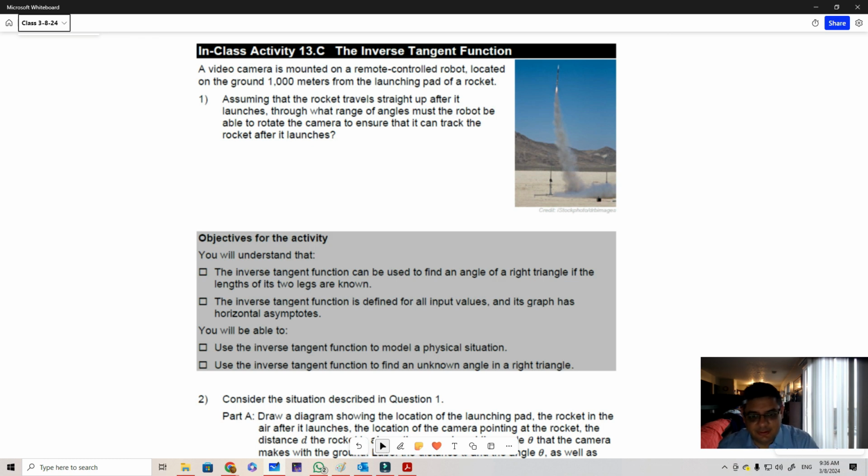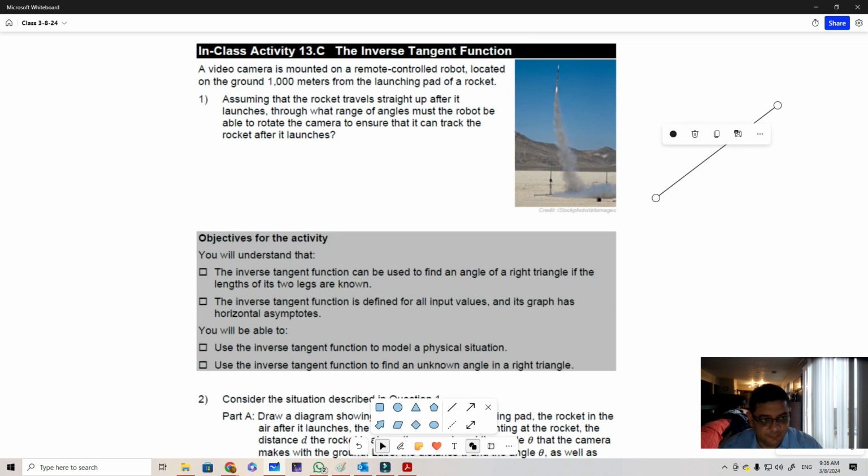So that gives me, let me see if I can create a diagram here. That creates a right triangle situation where I have the camera located here, and of course the rocket launching from the ground. So I have some situations like this.